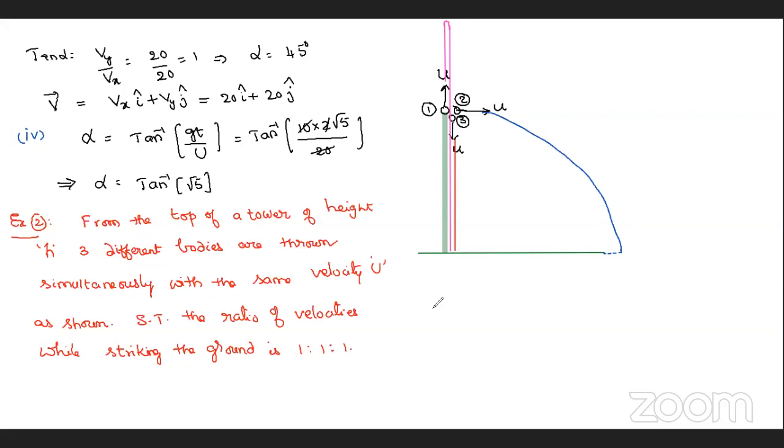While striking the ground, if I assume the first body velocity is v1, second body velocity is v2, third body velocity is v3, show that v1 is to v2 is to v3 is 1 is to 1 is to 1.